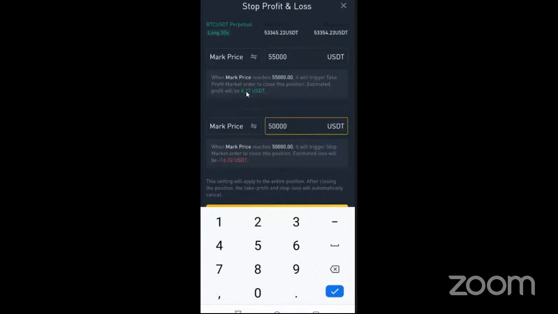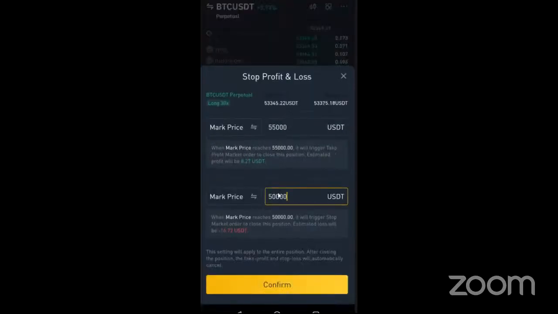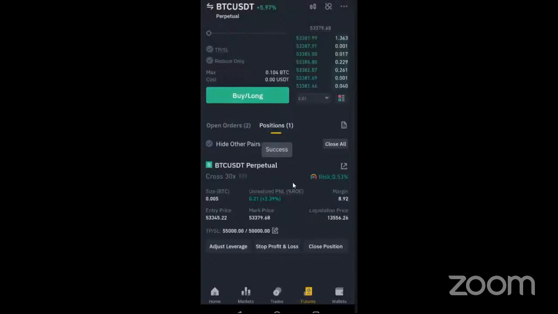Now you can see that my profit is much lesser than how much I'm risking, and so that is what we are going to be discussing by the time we get to money management and risk management parts of this training. So once you are done and you have set up your TP and SL, you can then click on confirm, and that's just basically it.